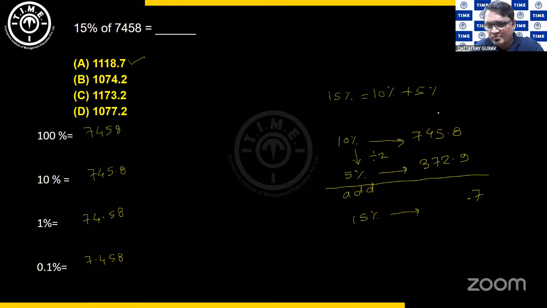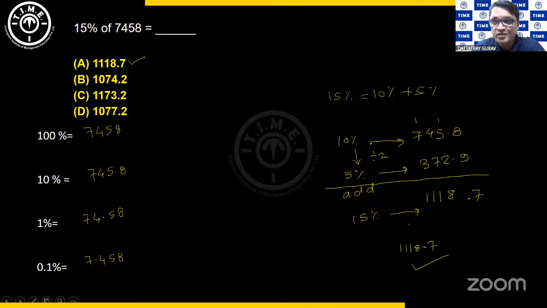Carry forward 1. 2 plus 5 plus 1 becomes 8. 4 plus 7 is 11. 1 carry forward. 3 plus 7 plus 1 is 11 again. So my answer is 1118.7. Option A is the answer. Again, there is only one option ending with 7, so we can mark it directly.